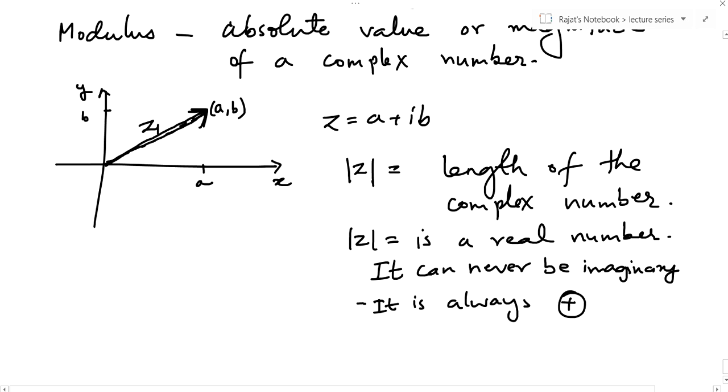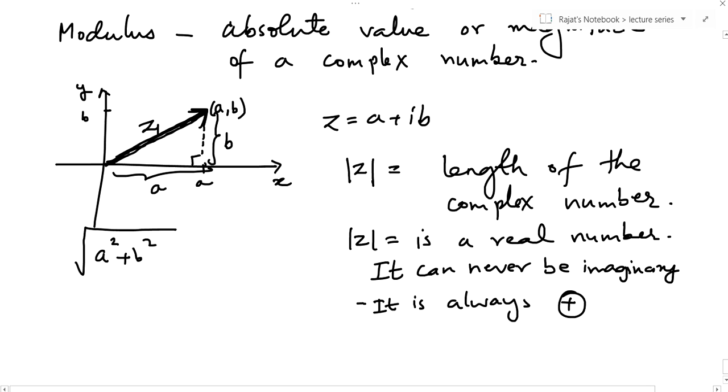If I ask you what will be the length of this line, using Pythagoras theorem, you can say that in this right angle triangle, this base is a and this perpendicular is b. So this length will be nothing but a square plus b square whole under root.